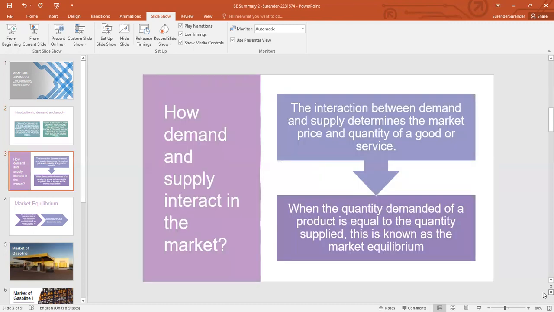So we will discuss how demand and supply are connected, because the interaction between them is very interconnected. Demand and supply are the main decider of the price and quantity of a good or service.